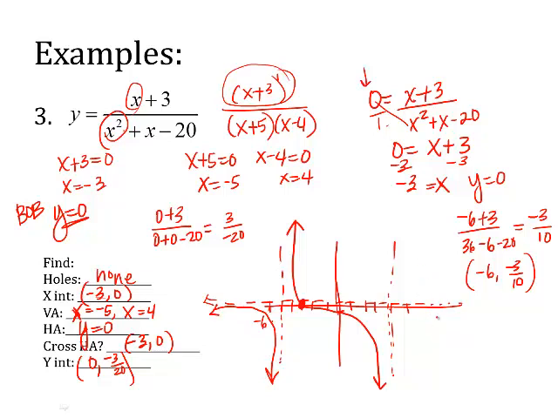What about on the far right over here? This was f of negative 6. Let's find out what's happening, if this is 4, let's use x is 5. So I'm going to scooch up here and make some room. F of 5 would be 5 plus 3, which is 8, over 25 plus 5 minus 20. Well, that's 30 minus 20, which is 10. So I have a point at 5 and 8/10.